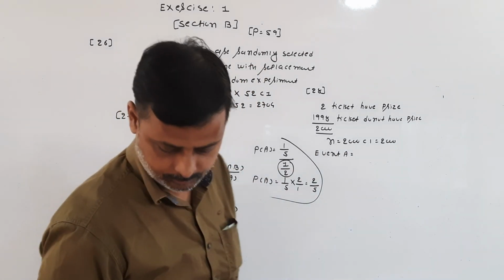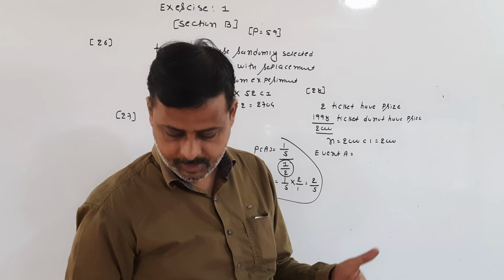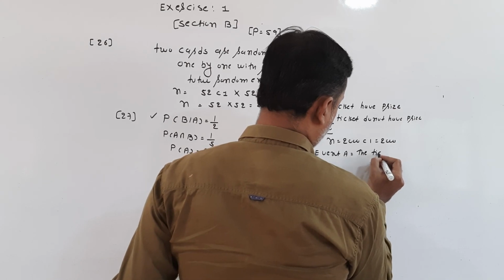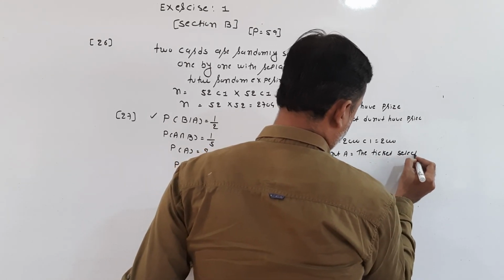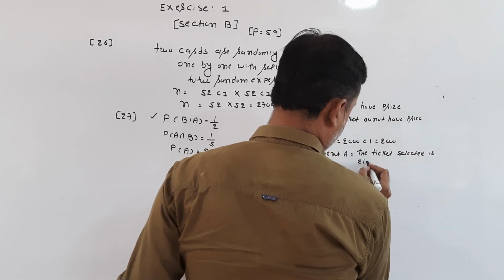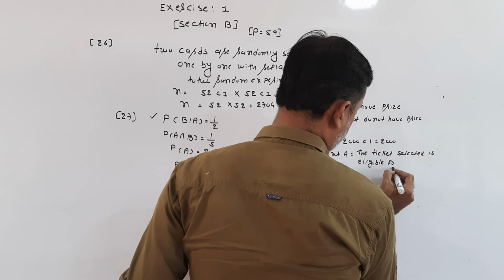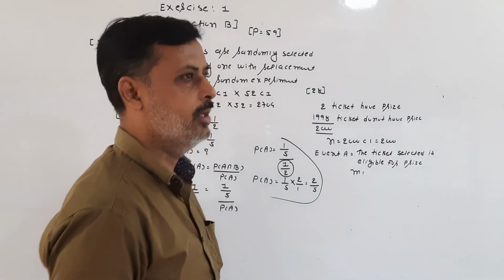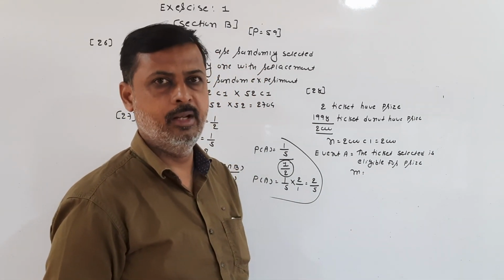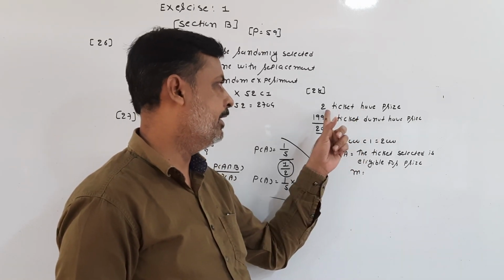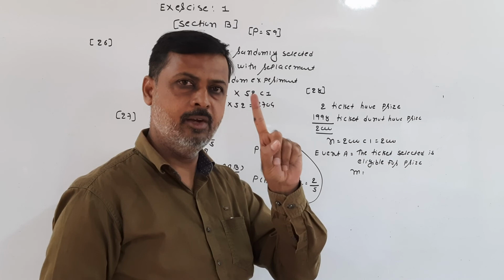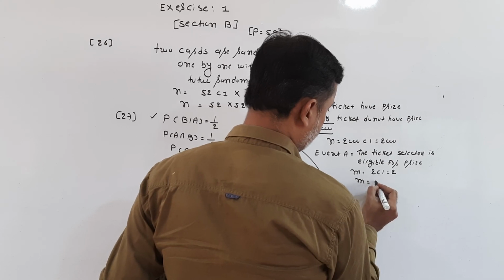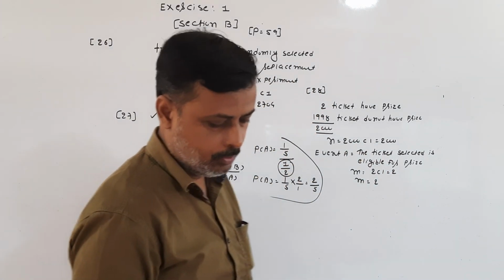Event A, the ticket selected is eligible for prize. तो उसने एक टिकट सिलेक्ट की, उसके अंदर उसको प्राइस मिलना चाहिए. तो प्राइस वाली टिकट कितनी है 2 और सिलेक्ट कितनी करनी है 1, that is called 2C1, that is 2. सो m is equal to 2.